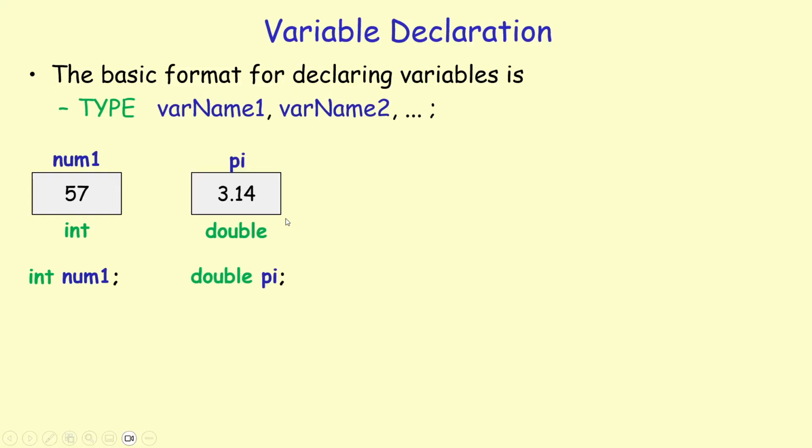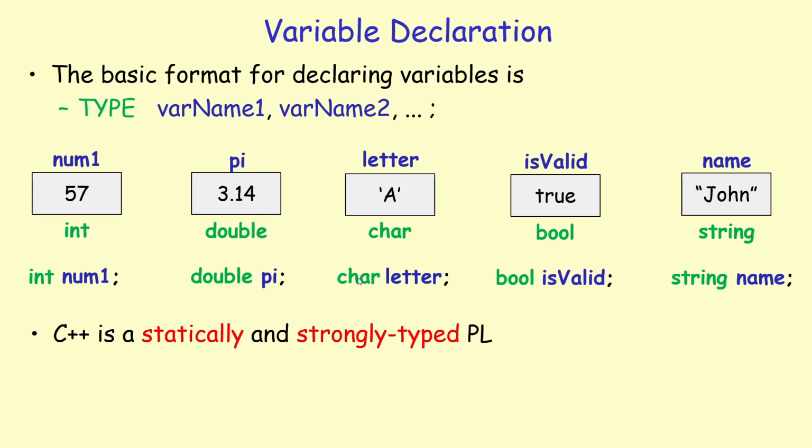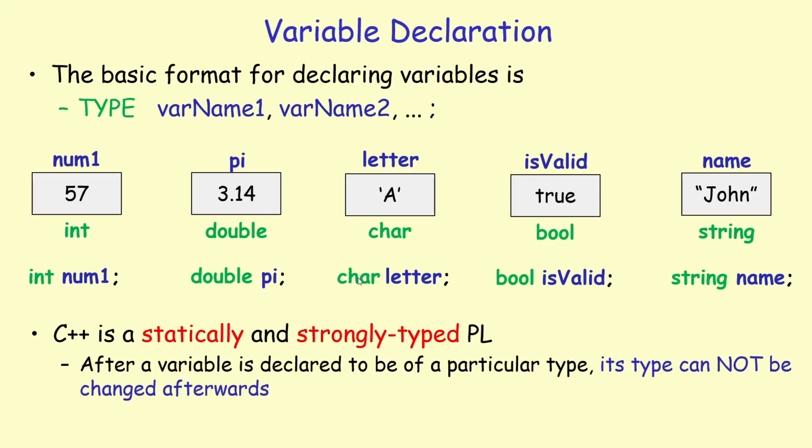This is our second variable, double pi. Character letter, bool valid, string name. C++ is a statically and strongly typed programming language, which means after a variable is declared to be of a particular type, its type cannot be changed afterwards. So you've got num1 of type integer.